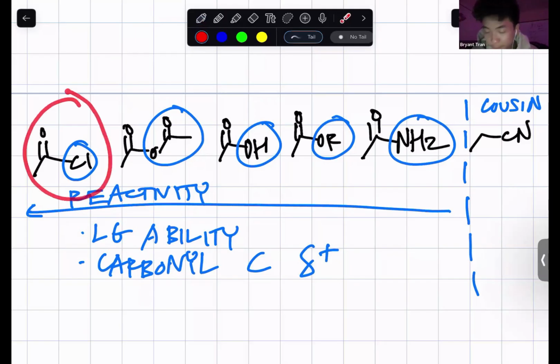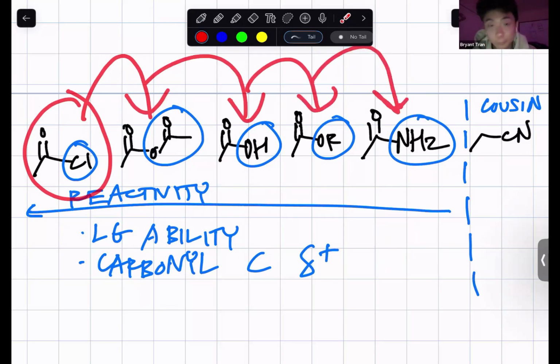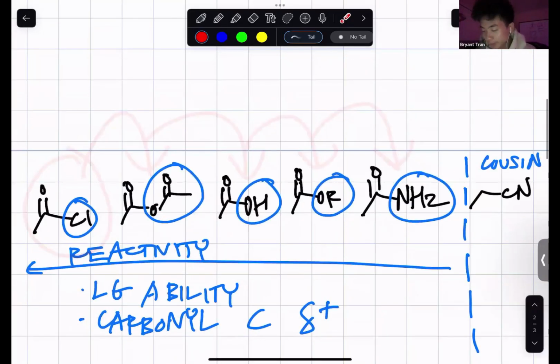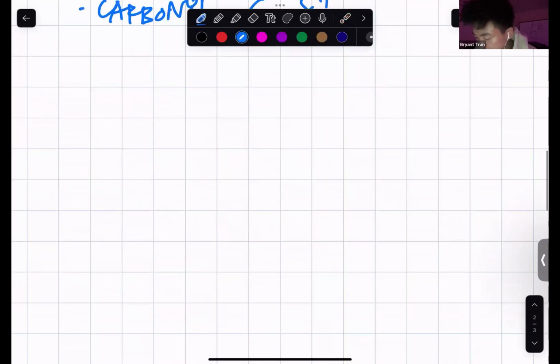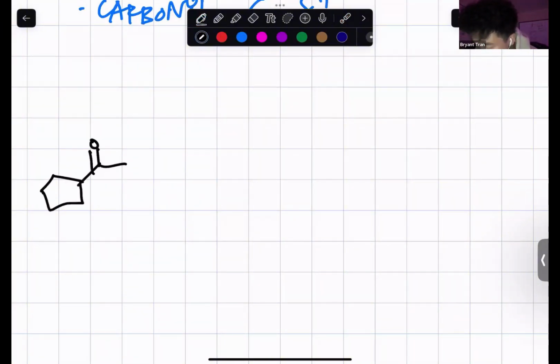This acyl halide here, the most reactive one, can create any of these lower reactive derivatives in one step. So let's say we start with this acyl halide right here, which is an acyl chloride, and we want to create this amide.